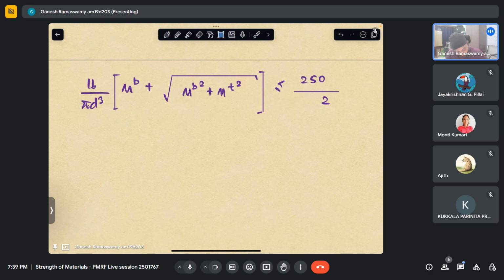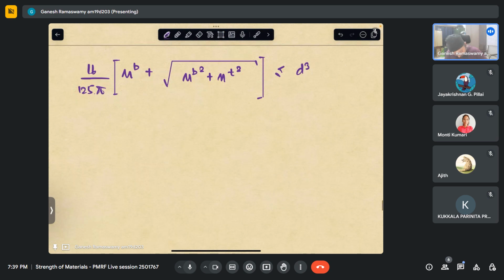And let me take d cubed over there. So this is nothing but 16 by 125 pi into, what was the value?